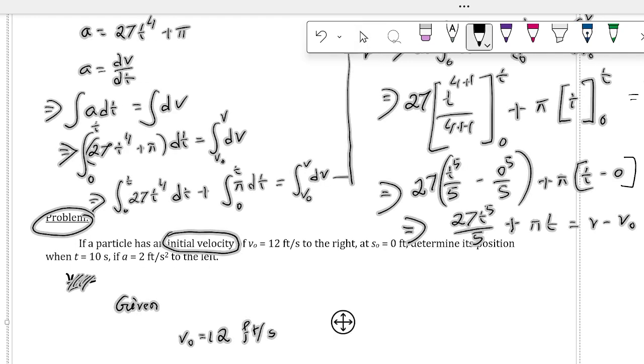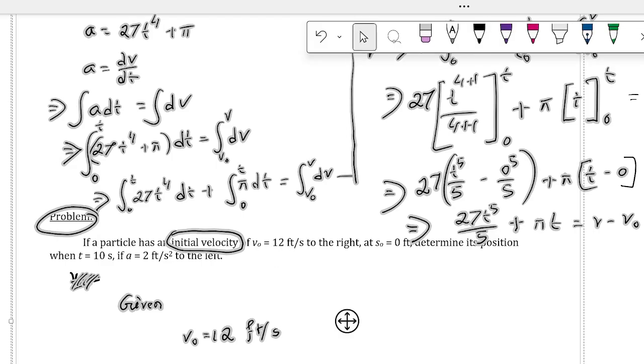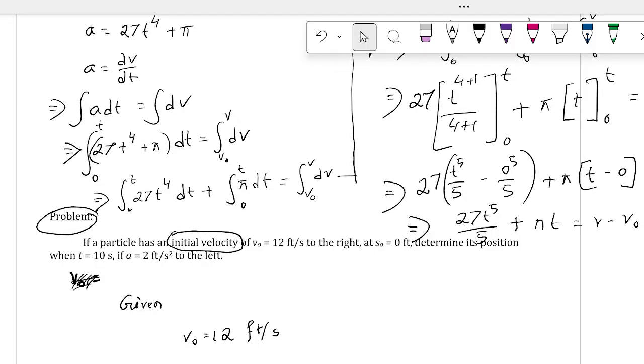So if a particle has an initial velocity v0, just 1 second, what is happening here? All right, so initial velocity v0 is 12 feet per second to the right. What does it mean? Say a particle is moving from right to left, where it has an initial velocity of 12 feet per second at s0.